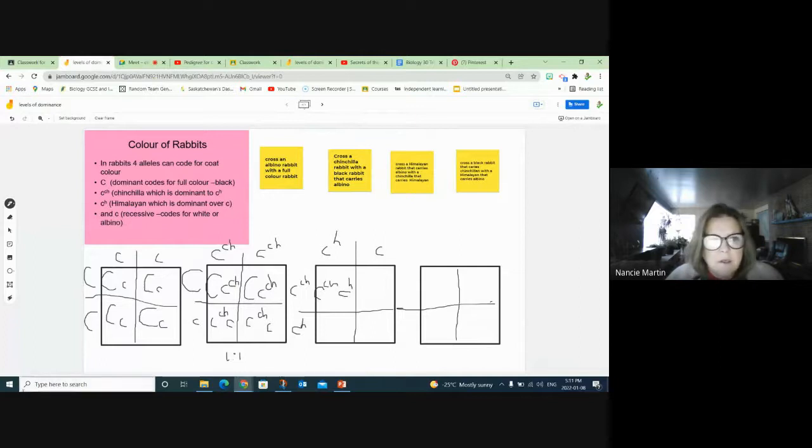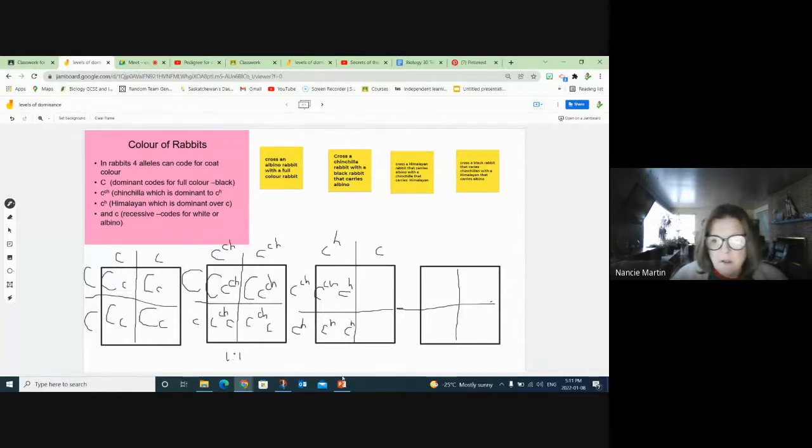Okay, so here, chinchilla is dominant over Himalaya. So I'm going to get a chinchilla rabbit that carries Himalayan here. Down here, I'm getting a Himalayan from that parent and a Himalayan from that parent. So I'm just going to have a Himalayan colored rabbit.